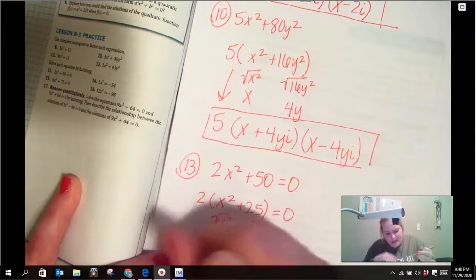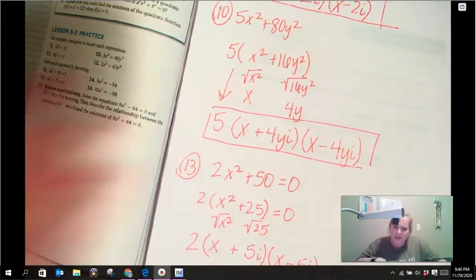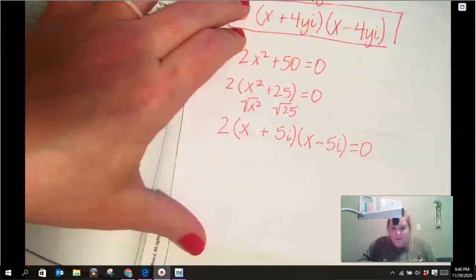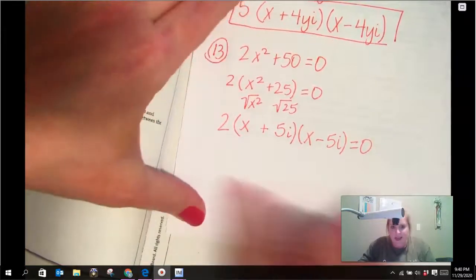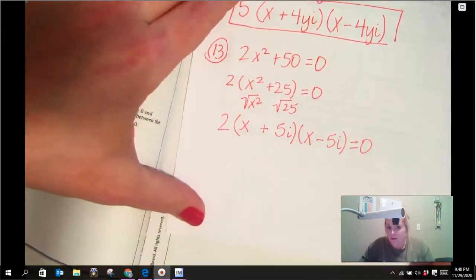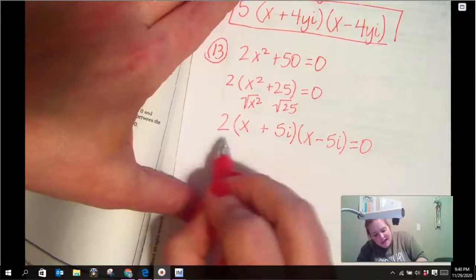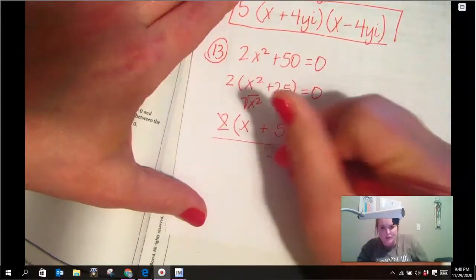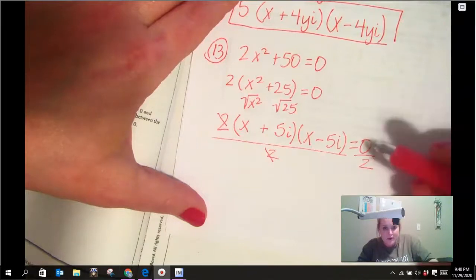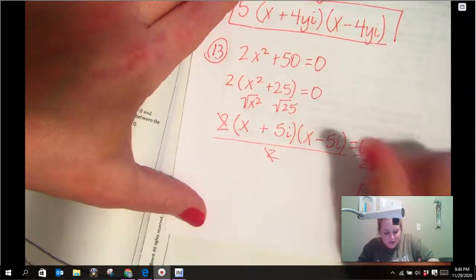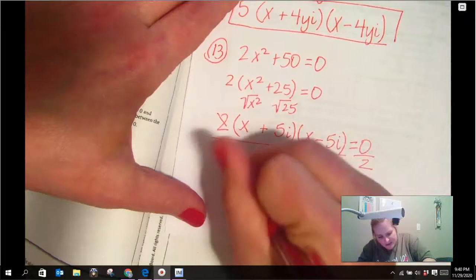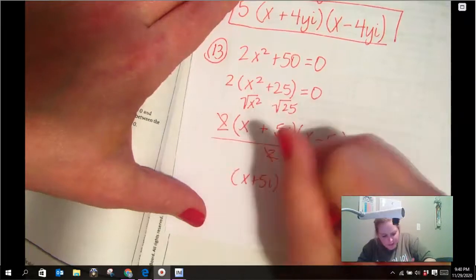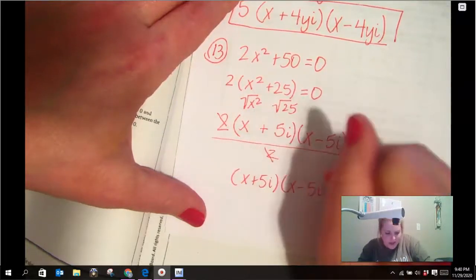I do have that 2 in front, but that 2 is actually not going to do anything. And what we could have done from the beginning is just divide it out, because if I divide this side by 2 and this side by 2, that's going to cancel. But 0 divided by 2 is still 0. So it's really not going to do anything. So we just drop it off. Adios.